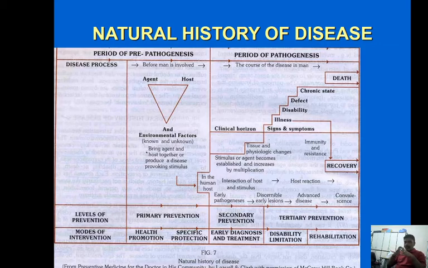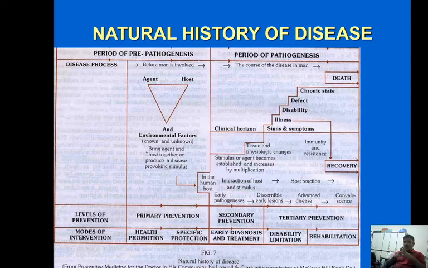And this slide also gives you a very quick understanding of the levels of prevention. In the pre-pathogenesis phase, generally we work on the risk factors. Early diagnosis and treatment is secondary prevention. Tertiary prevention is once the illness sets in, where you look at disability reduction and treatment.